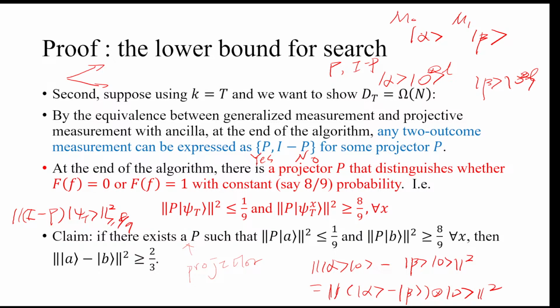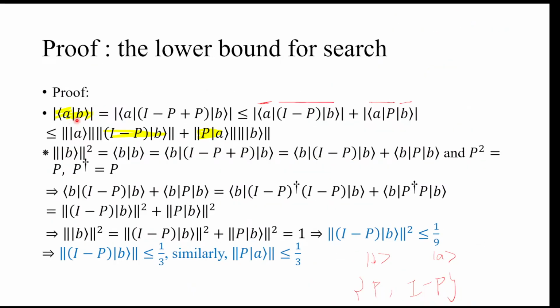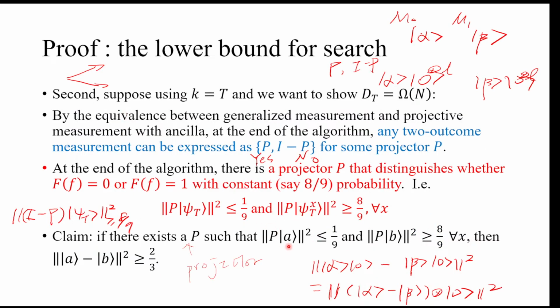And the projector kind of means that you have a projector here and a projector here, etc. Let's not look at the projector in geometry because it's not helping us. Anyway, we want to show the two vectors A and B are far away. We write down the absolute value of the inner product of A and B, and it can be shown small by these two equations.